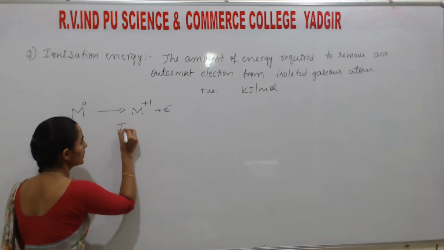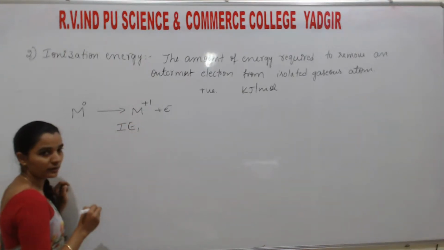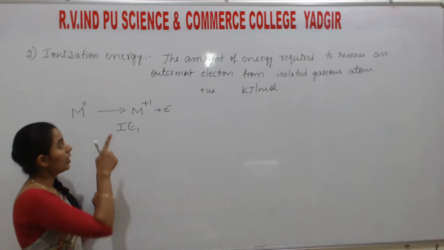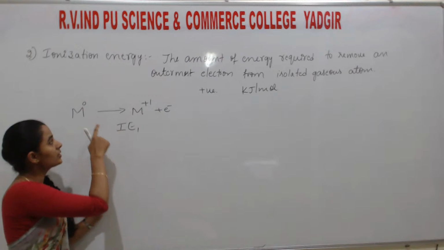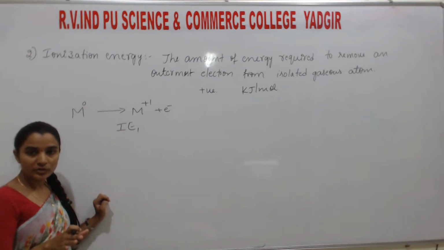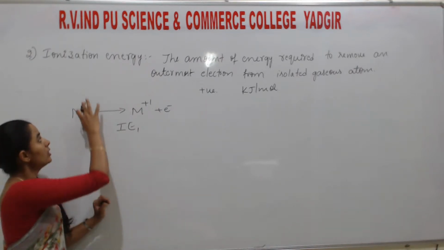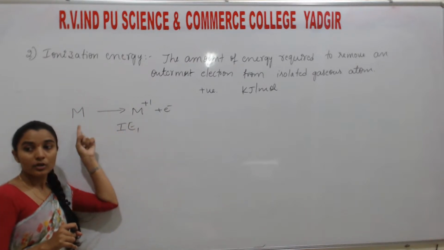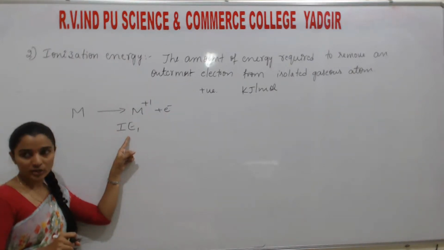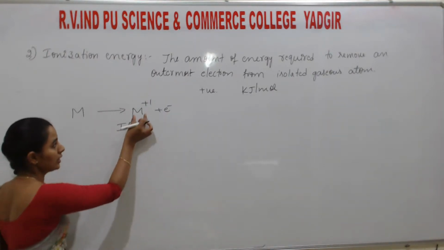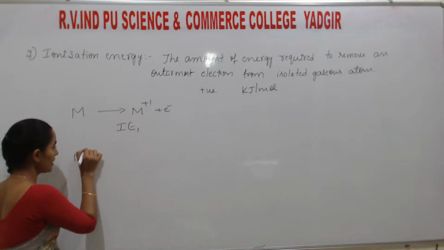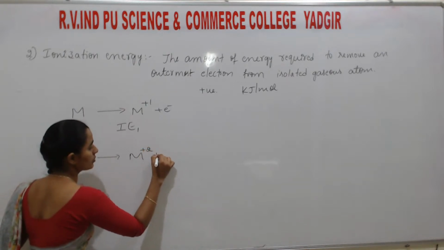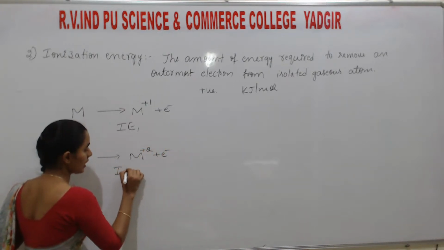This is the first ionization energy: the energy required to remove the first electron from the neutral atom. Neutral atom means the charge is zero, no plus charge, no minus charge. Next, consider M plus. If you want to remove one more electron, that gives M 2 plus plus an electron. This is IE2.